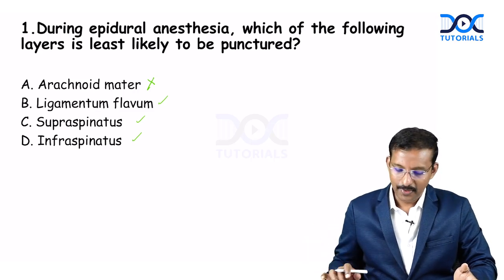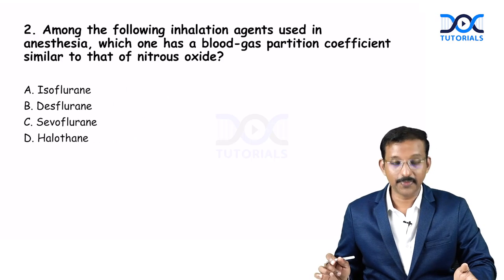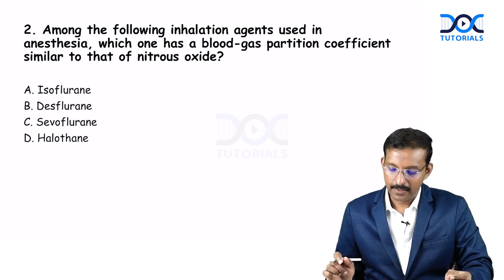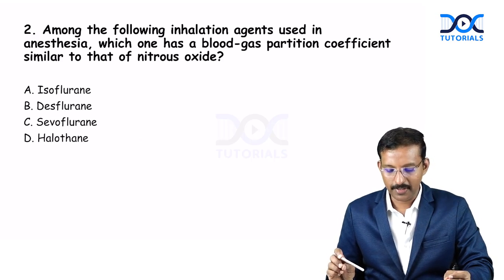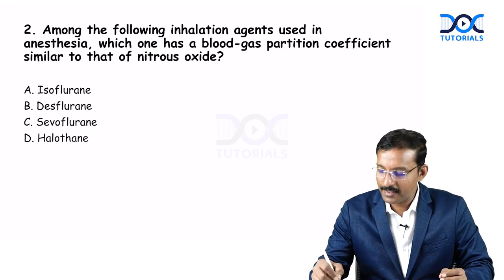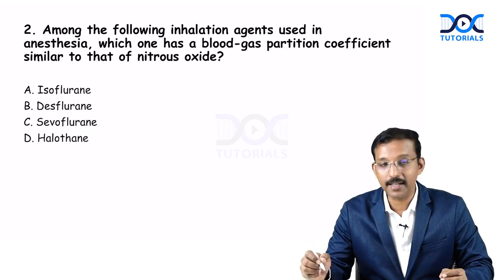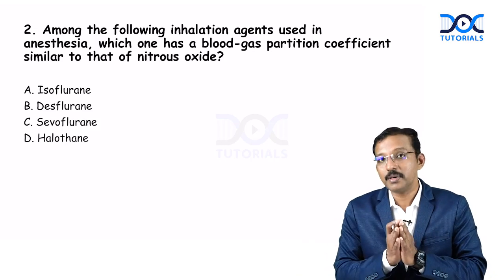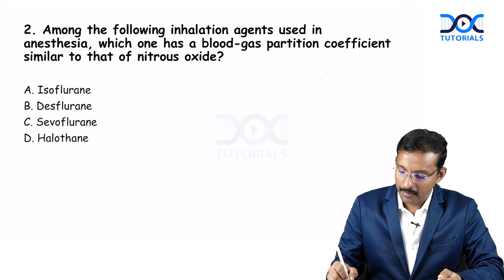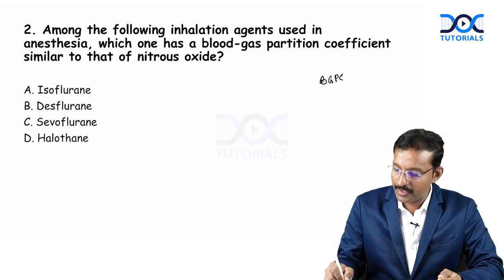Okay. Now let us see the next question. Among the following inhalational agents used in anesthesia, which one has a blood gas partition coefficient similar to that of nitrous oxide? This is also a question that has been repeated previously. You remember what a blood gas partition coefficient is?